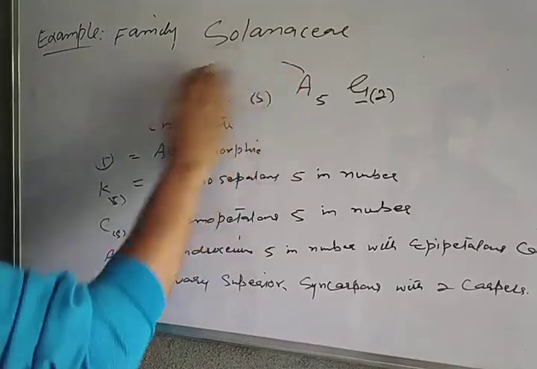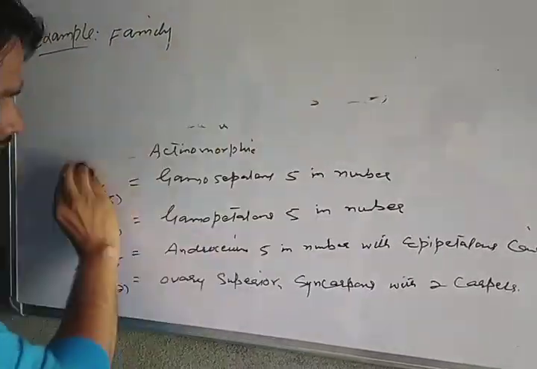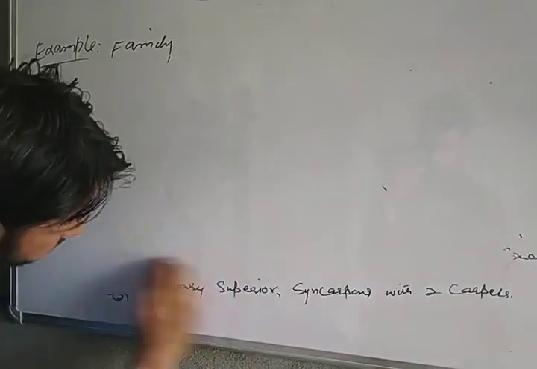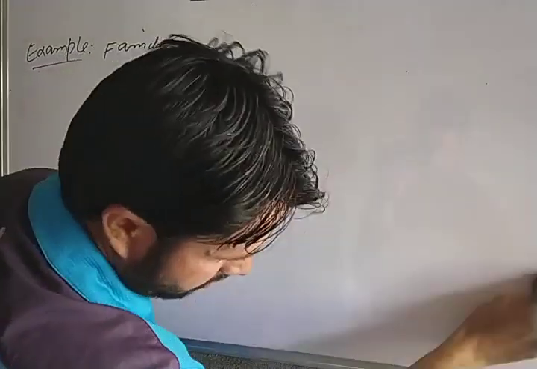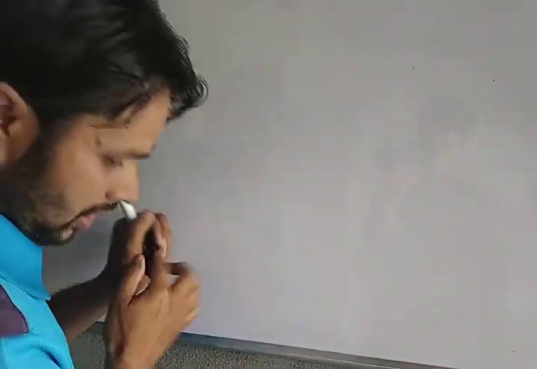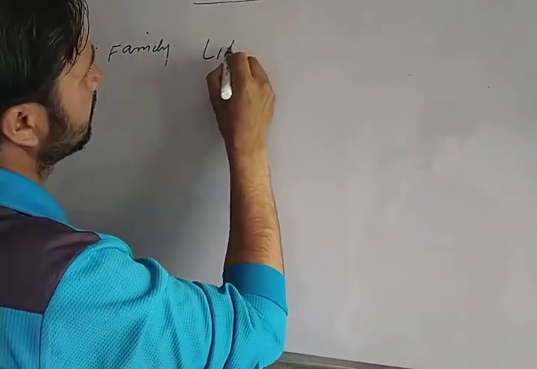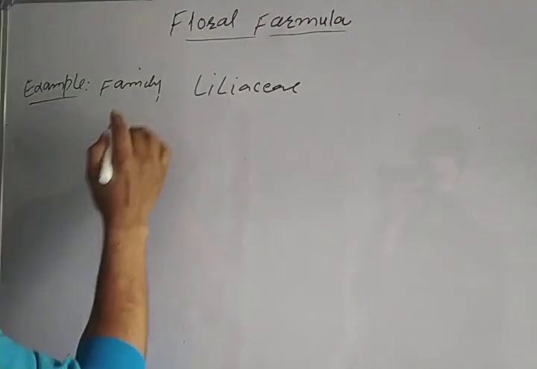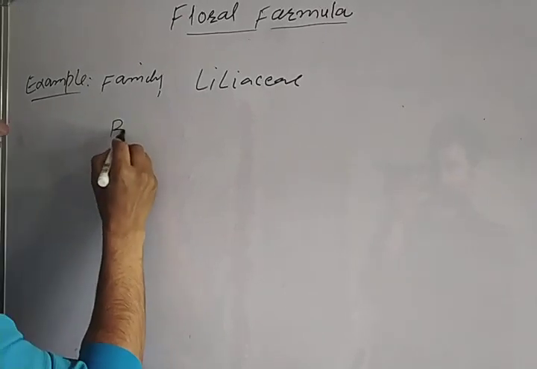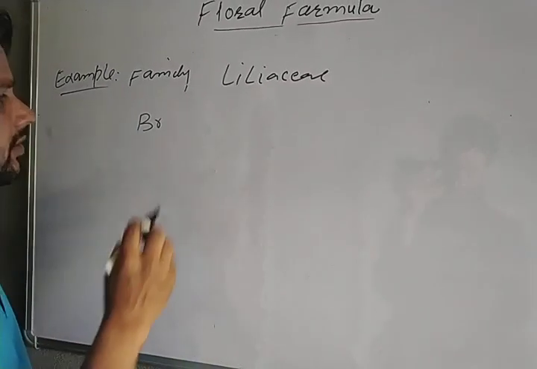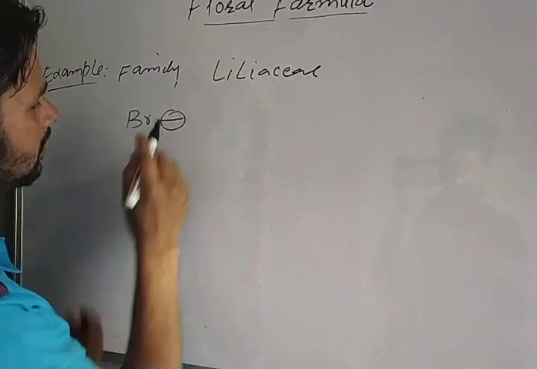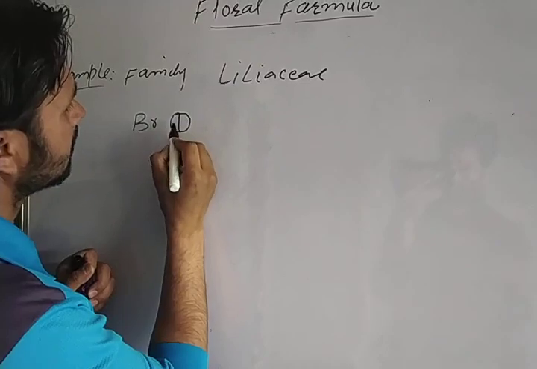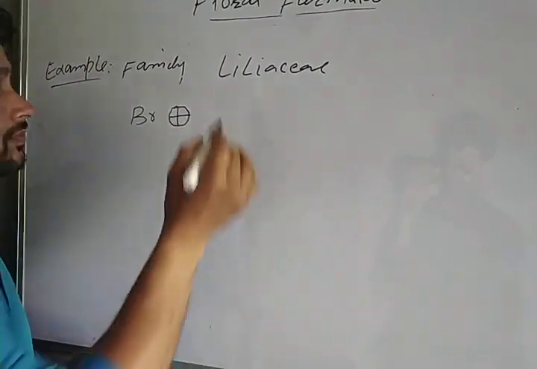If we take another example, family Liliaceae, we can say bracteate condition. We can say actinomorphic condition.